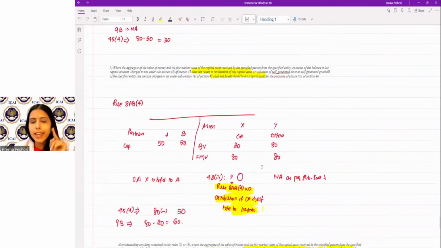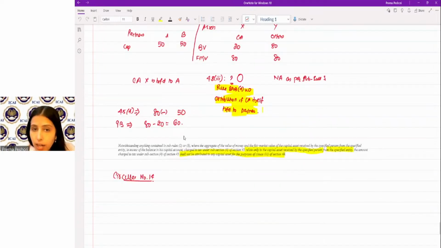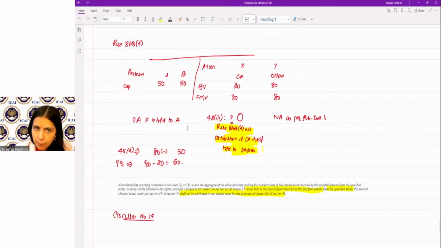Now 8AB4. What is 8AB4, which most of you are asking? Let me tell you that. So let's say that there are two partners, A and B. We have one capital asset and we have the other asset. So 20 is the book value, 80 is the book value of the other asset. Now on revaluation, the capital asset is revalued to 80. Now capital asset X is transferred to A. There will be 9B, 80 minus 20, 60, right?